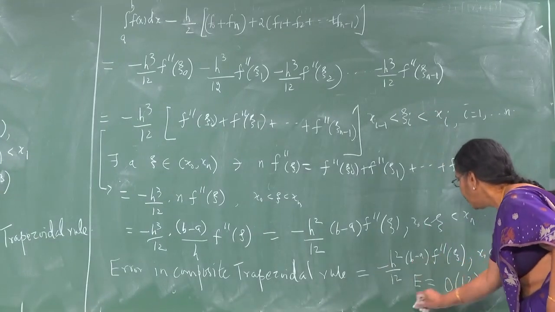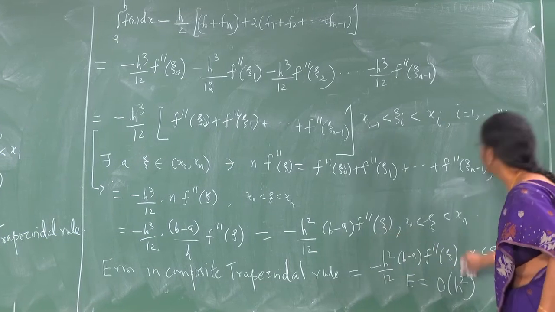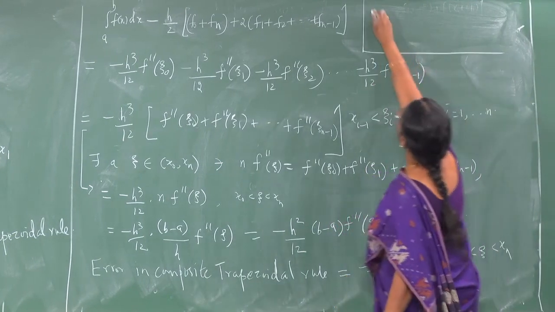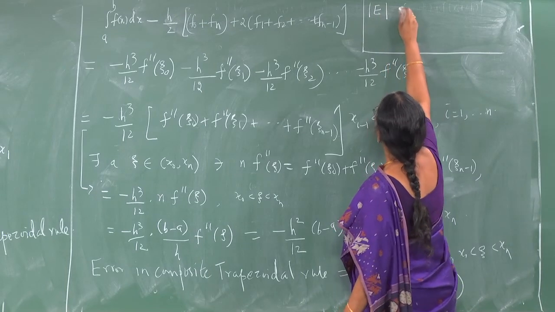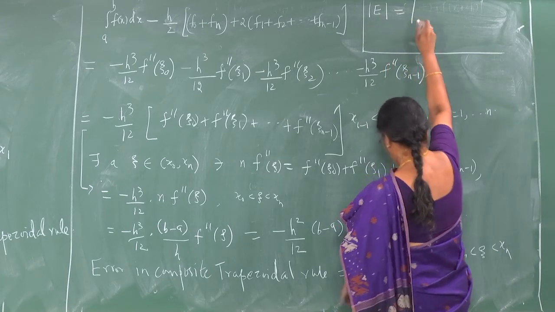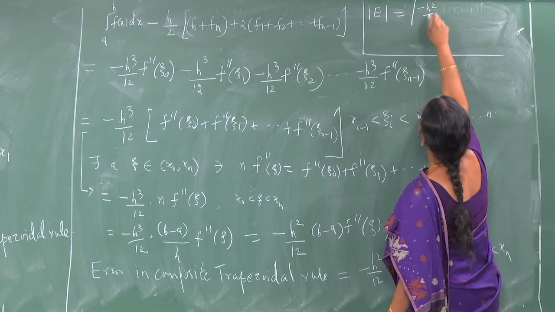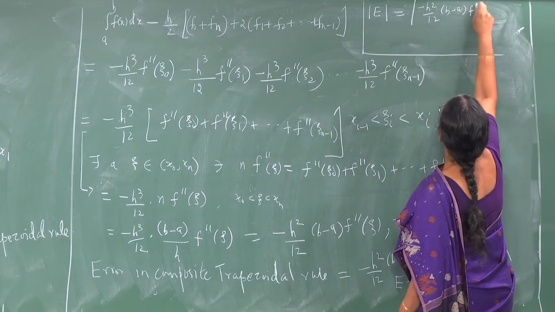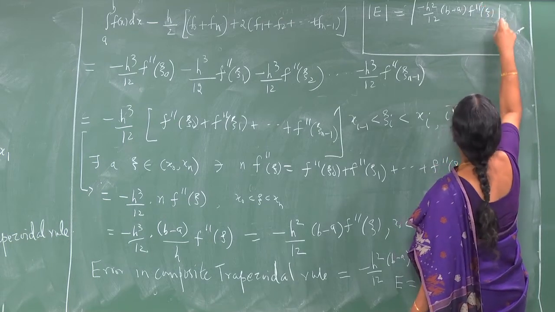So, what is the bound on the error? It is modulus of E, which is this. So, let us obtain the error bound. So, this will be absolute value of minus h square by 12 into b minus a into f double dashed of psi.